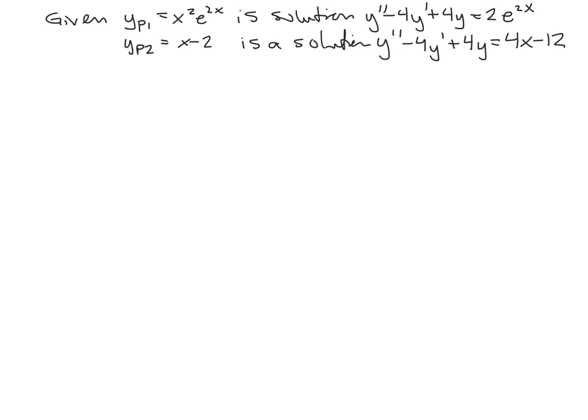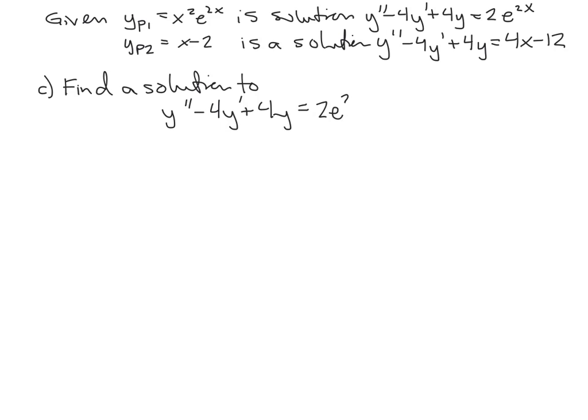So my next question is a part C. Let's find a solution to y double prime minus 4y prime plus 4y equal to 2e to the 2x plus 4x minus 12.